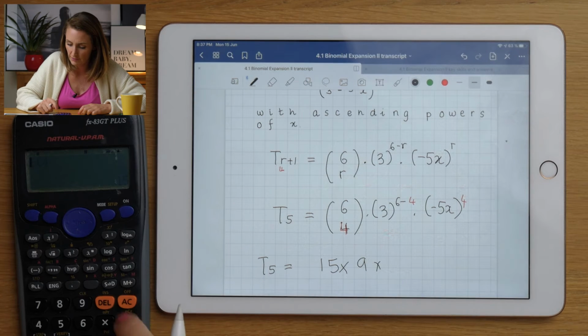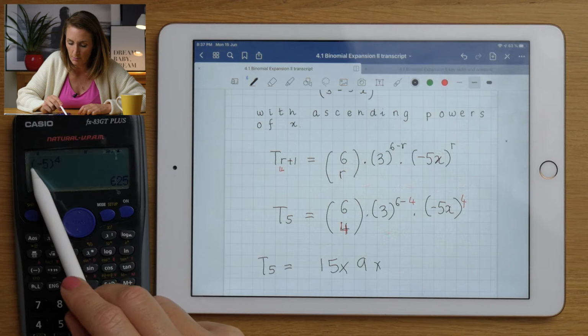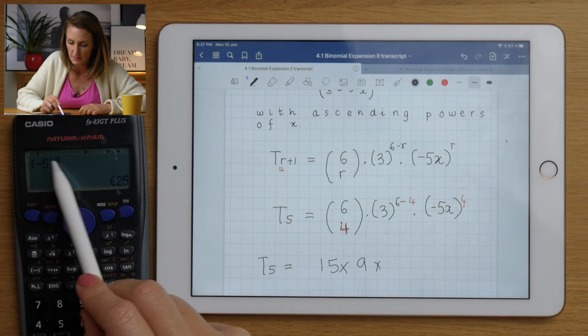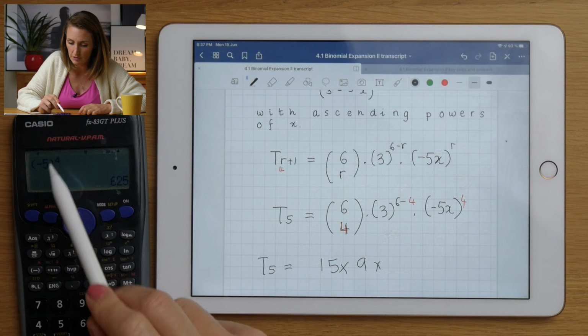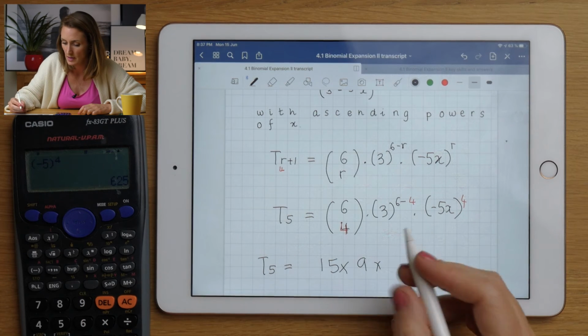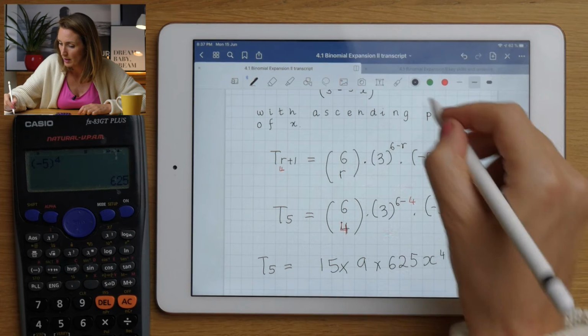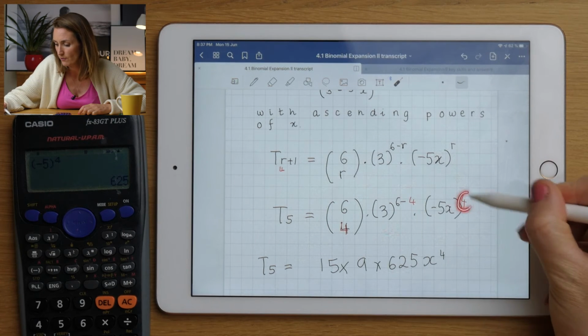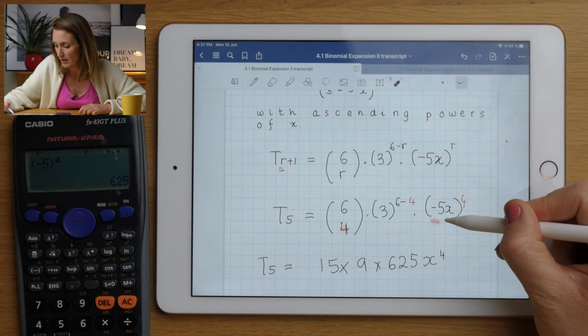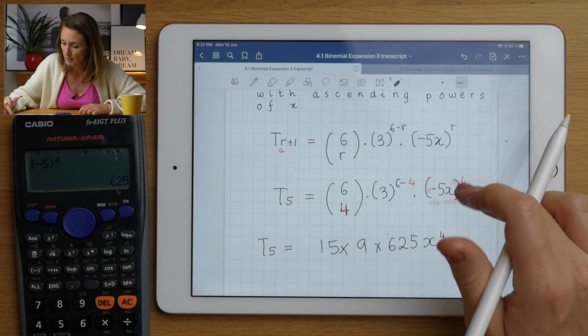And we'd need minus 5 power 4, in case you don't know. Remember what I showed you yesterday, always have your minus numbers inside of brackets. That's an even number because 4 is an even power. So times 625, and that would be x power 4. Remember, like I told you yesterday, the 4 needs to power both the minus 5 and the x. They're both inside that bracket.